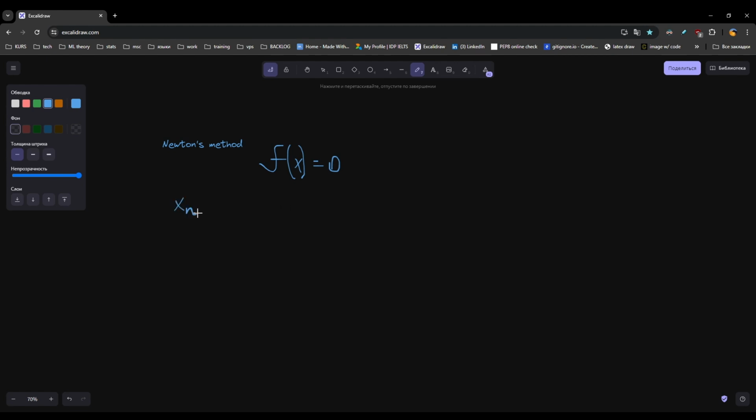So the algorithm behind Newton's method states that the next point that is closer to the roots of a function is equal to the current point minus the value of the function in this point divided by the first order derivative in this point. So recall that the first order derivative in x of n is equal to the value of the tangent alpha.